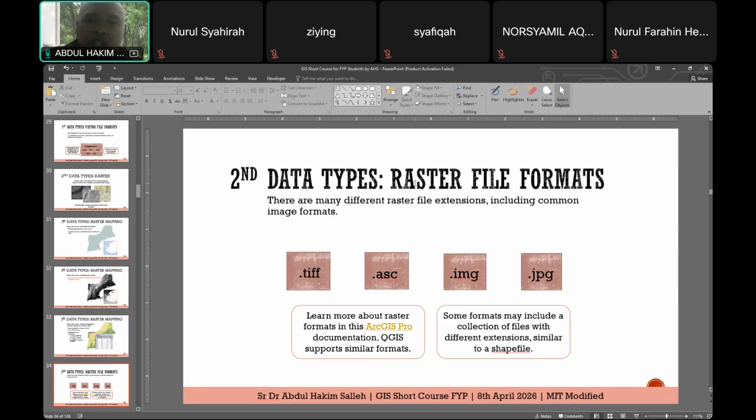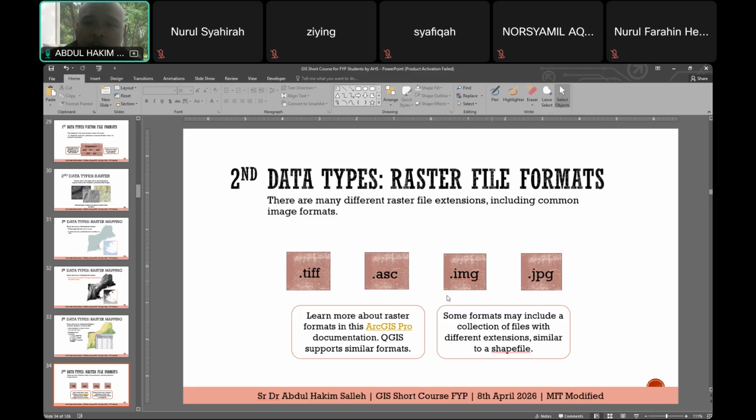Now, raster file formats also have different file extensions, but usually it will be a single file format like this. Usually it will be TIFF, because TIFF can store coordinates. Okay, it can be in the form of ASCII, like a text file.